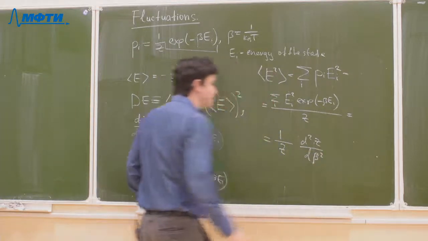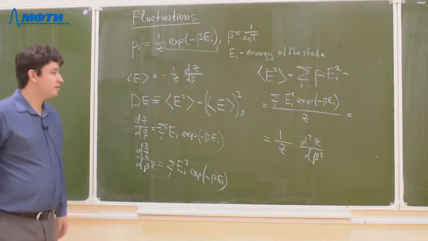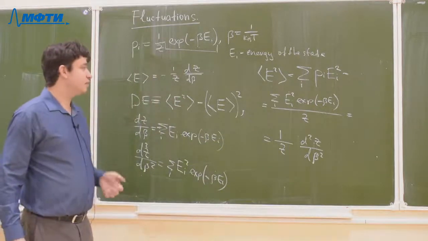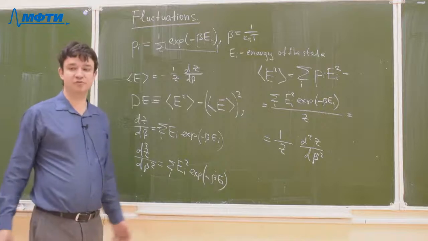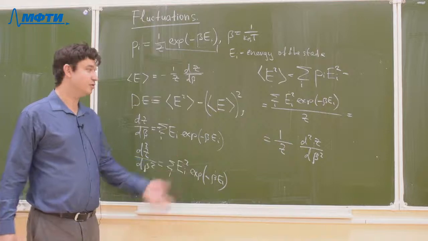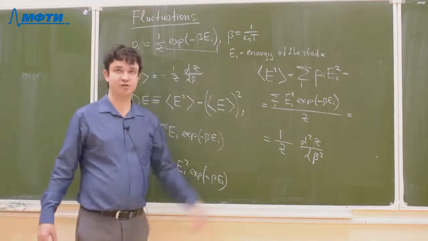Okay, but the problem is that this expression depends on the partition function, and well, it's okay, if you know the partition function of some thermodynamic system, then we know everything about it, including the fluctuations.